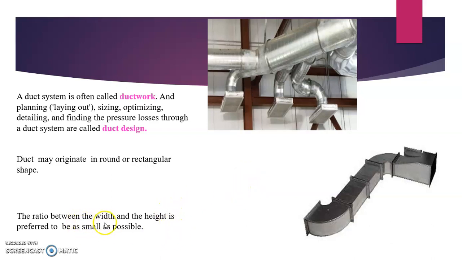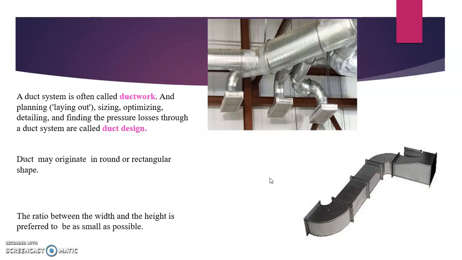The ratio between the width and the height is preferred to be as small as possible. This is because we want to make sure the ductwork system fits into our ceiling space, because usually the ceiling space is quite limited, and there will be a lot of services above our ceiling.